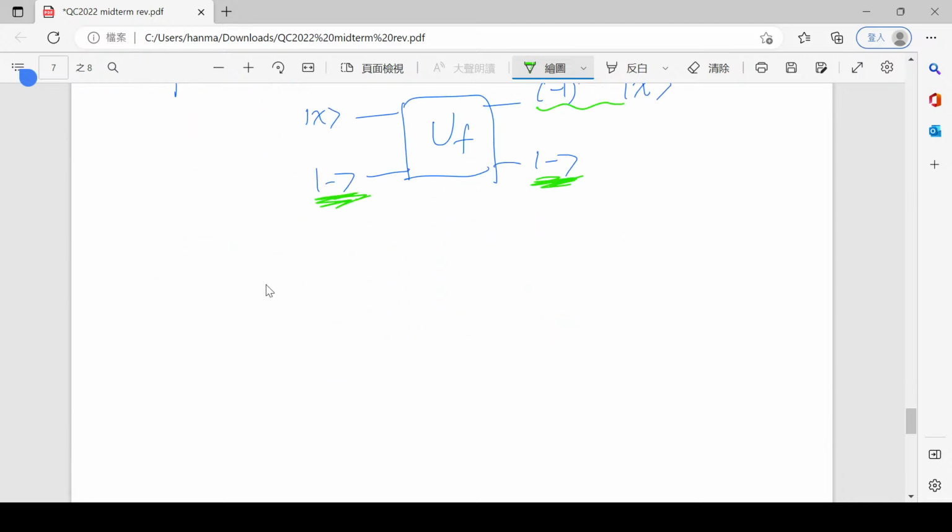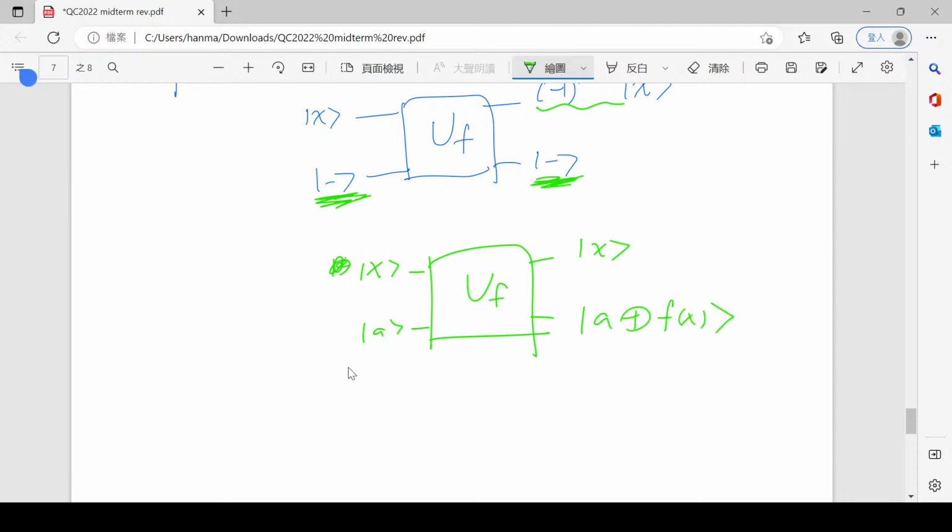This is compared to what happens when you apply this oracle onto standard basis states. The input x stays the same, and on the output register you get whatever you input, y, XORed with f of x.